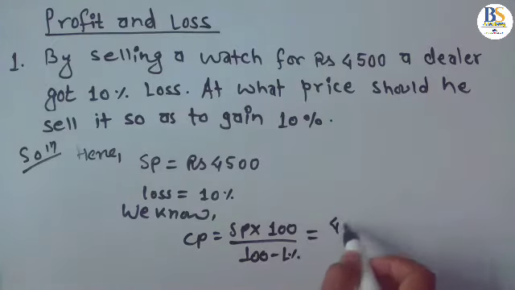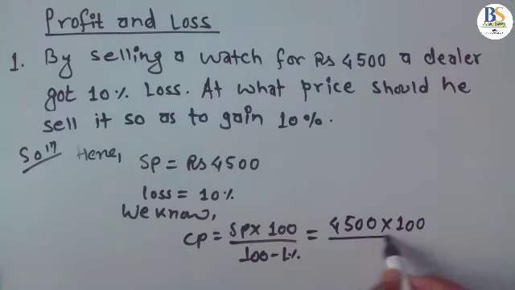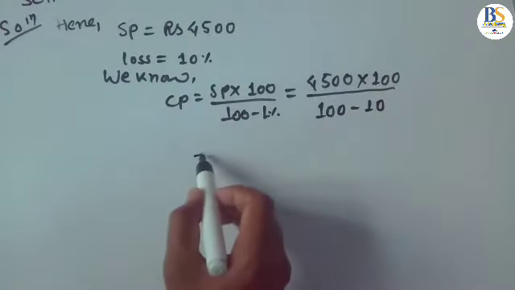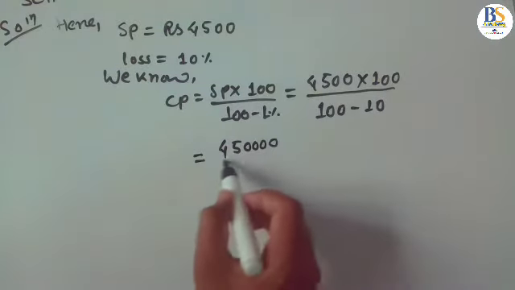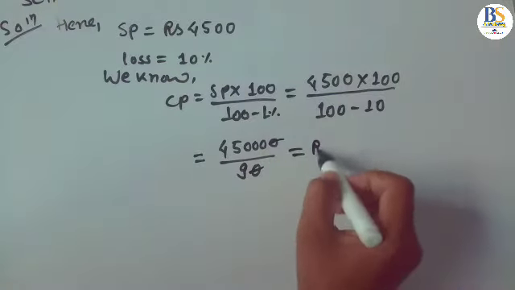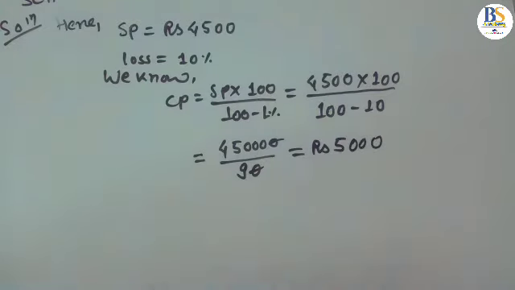Value of SP is given: 4500 times 100 divided by 100 minus 10. This equals 4500 divided by 90. Zero cancels out. 9 5s are 45, so 5000 is CP.